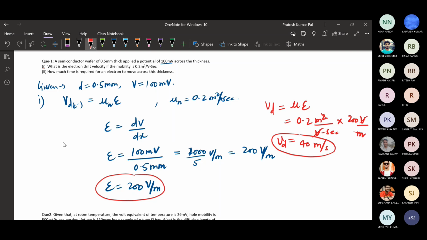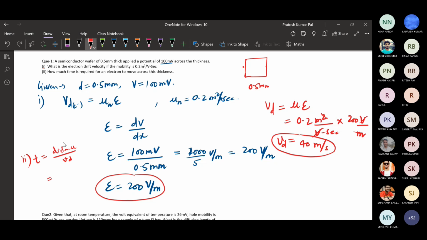The second case is we need to find out how much time is required for an electron to move across this thickness, which is 0.5 millimeter. So how much time will it take to move from this location to here? This time will be given by the total distance divided by the drift velocity, which we have already found.